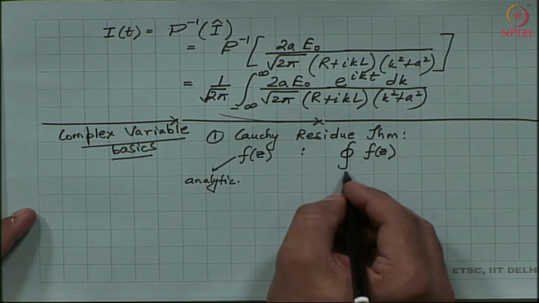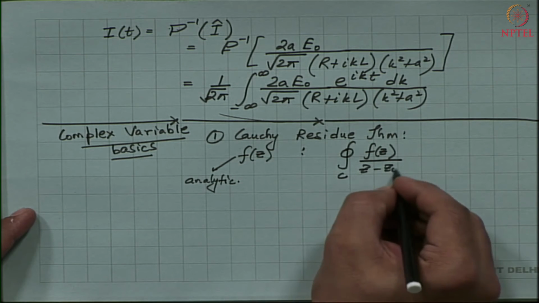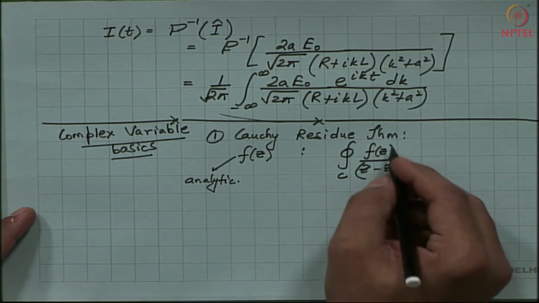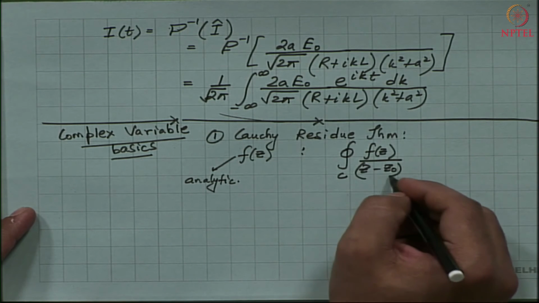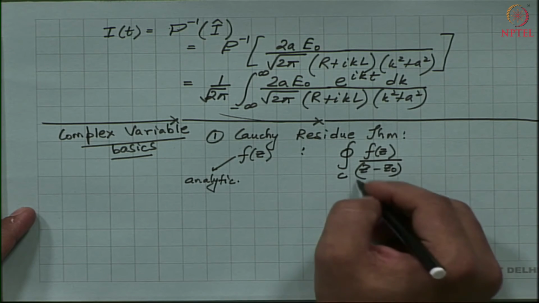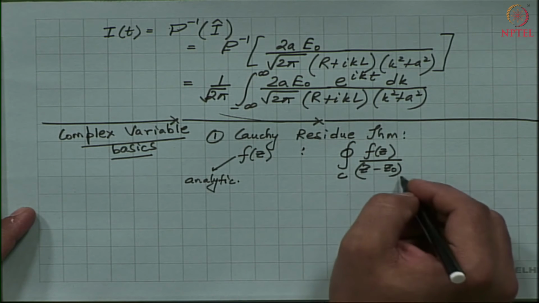So, f being analytic, then it tells me that the contour integral of f of z over a closed contour C divided by z minus z naught has a singularity at z equal to z naught, and the singularity is of the first order, also called a pole.